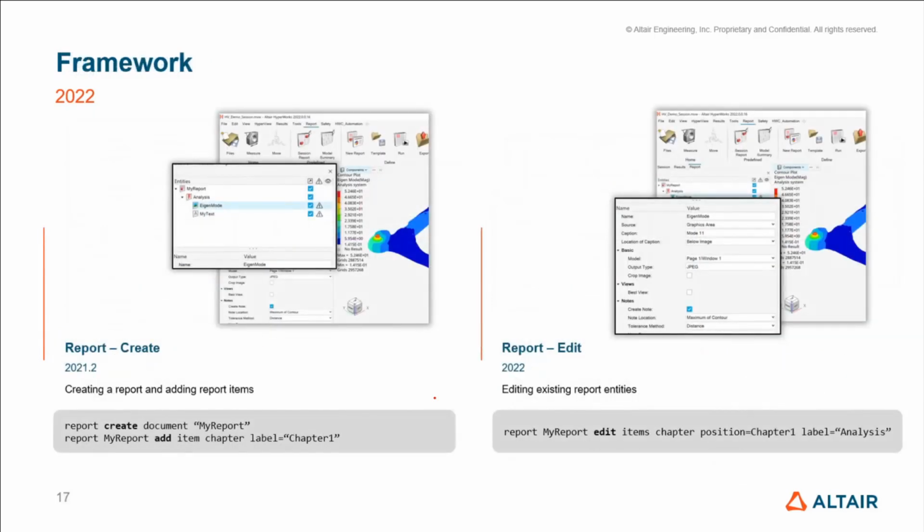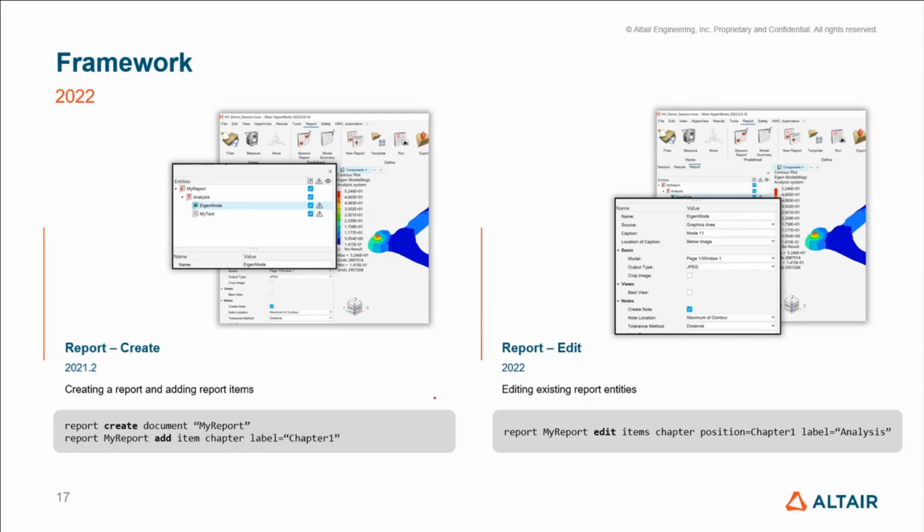Right, and with the framework, I will conclude the PowerPoint section and then very quickly move to few lightweight demos. So in framework 2022, so to speak, we are now supporting report editing. Okay, as you can see on this slide, 2021.2 introduced the main sort of infrastructure. So users were able to create items for the report, and their creation had been recorded.